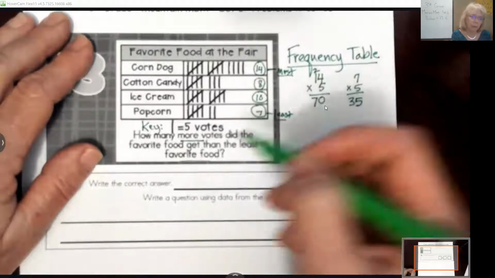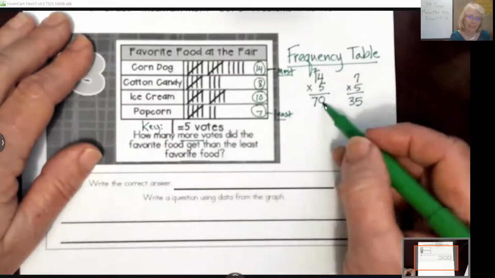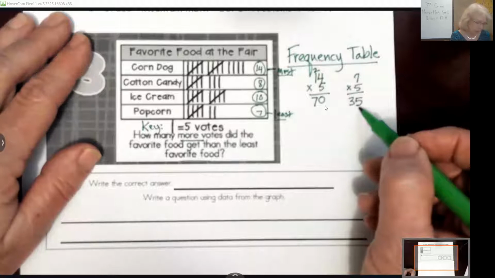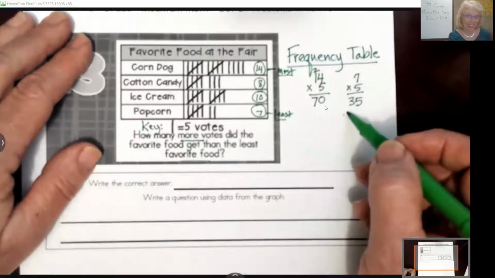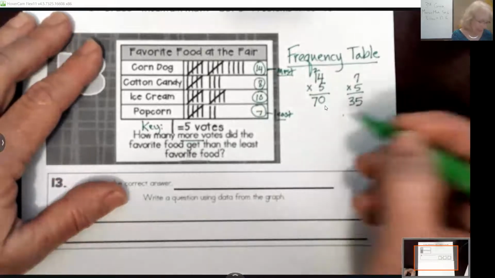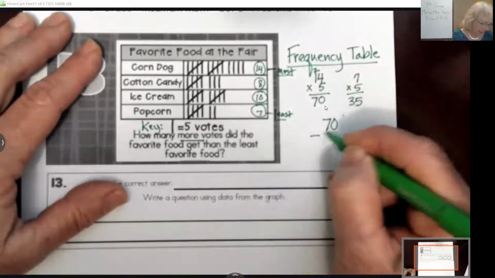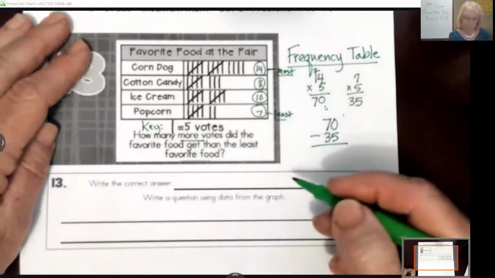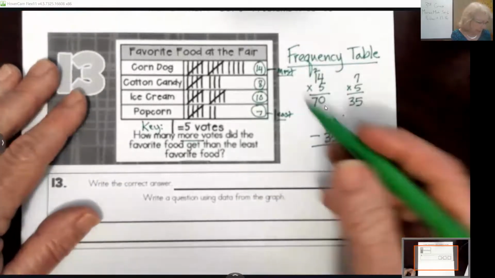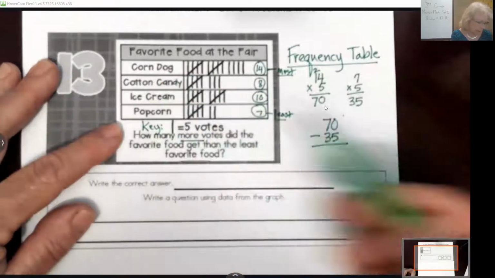When it asks you how many more votes is this than that, that's a difference question. So we are going to pick which operation. Say it out loud. Did you get it? It's subtraction. 70 take away 35 to find out how many more votes corn dogs got than popcorn.